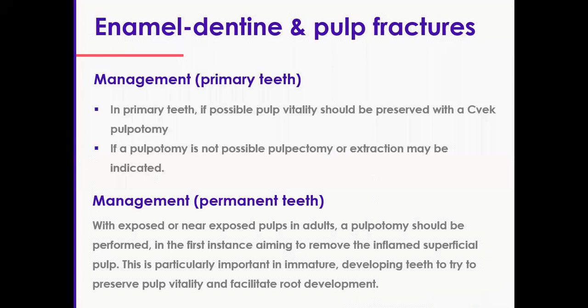Now, this is a bit tricky, as you may ask, how do I know which bit is inflamed? As a general rule of thumb, if the pulp bleeds but coagulates within a few seconds by applying pressure, like a cotton pellet or something, it is healthy.